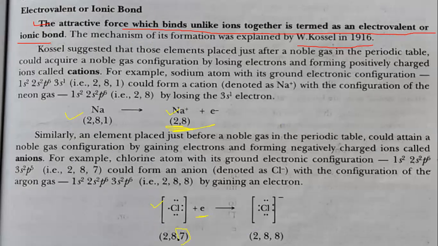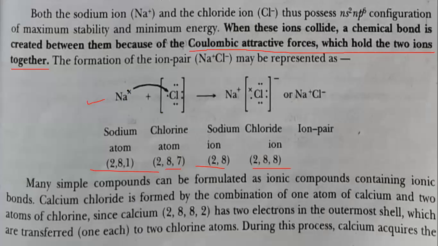See, here are 7 electrons in the outermost shell, here are 8 electrons. Sodium gives this electron to this chlorine. So here it gives one electron and here it takes one electron to complete the octet. So here 2, 8, here 2, 8, 8. Now both are in the completed state of their octet. Hence there is a formation of bond.